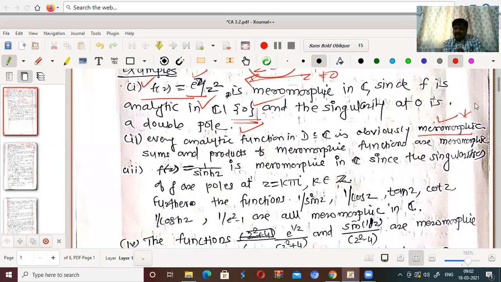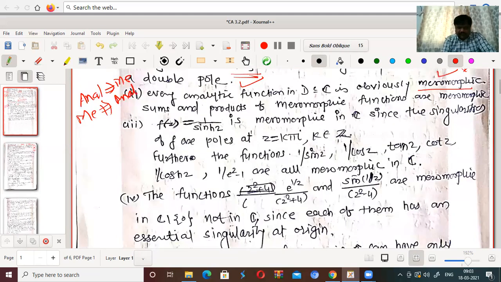Function is analytic at every point except at poles. So analyticity implies meromorphic, but meromorphic may not imply analyticity. That is the case. Okay.